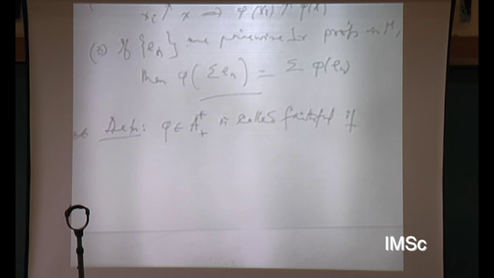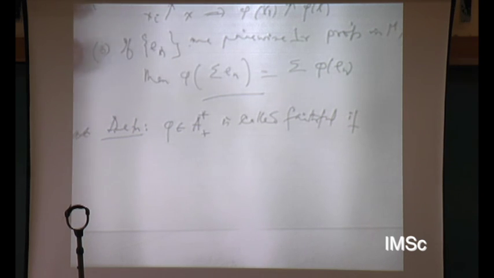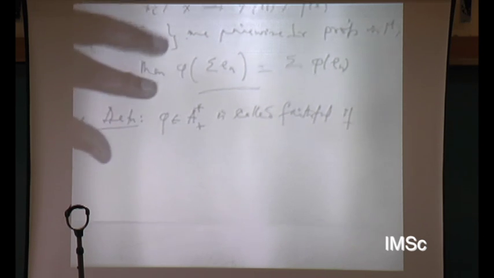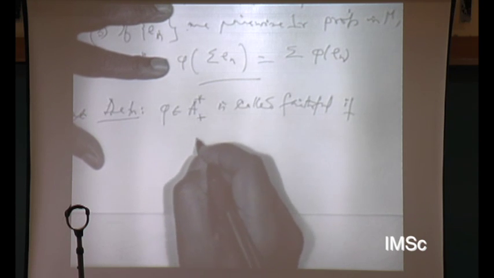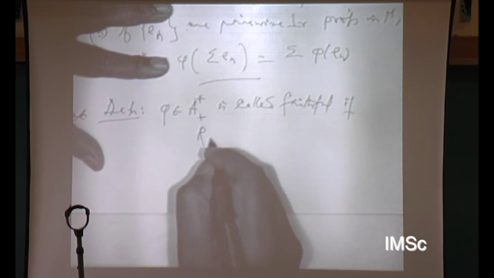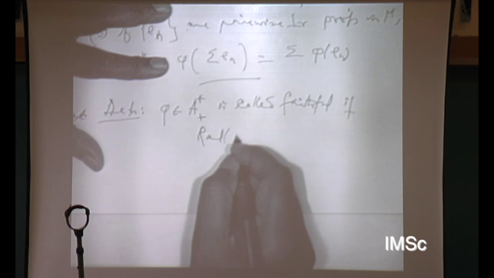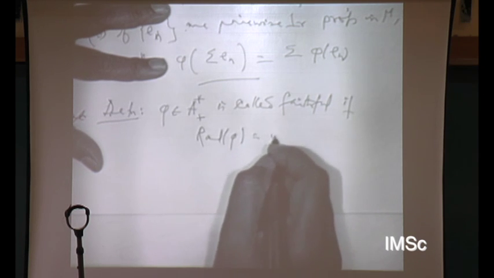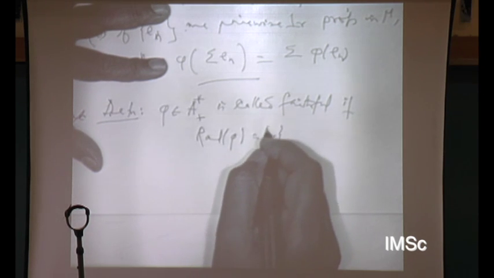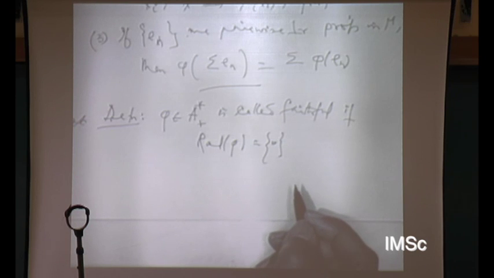Positive element goes to positive, and if that is 0, then the positive element has to be 0. Or equivalently, what we call the radical must be trivial. If phi of x star x is 0, then x must be 0.